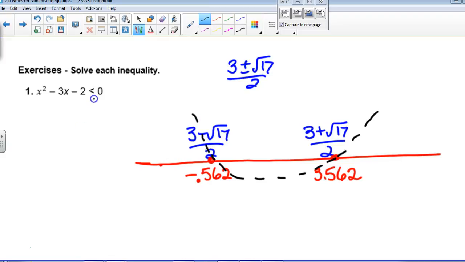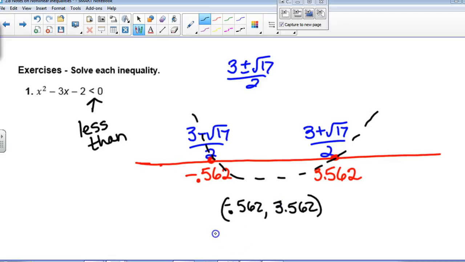And this symbol is a less than. So where is this true that it is less than 0? Negative 0.562. Yes, in between those values. If you were writing exact answers, since I screwed it up and you would need to do quadratic, it would say this. But I'm okay with decimals because I didn't mean it to be that ugly.